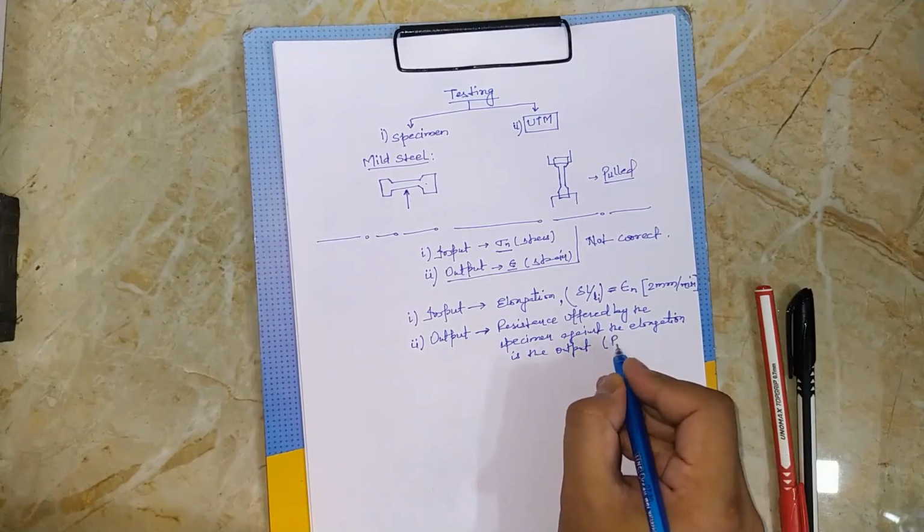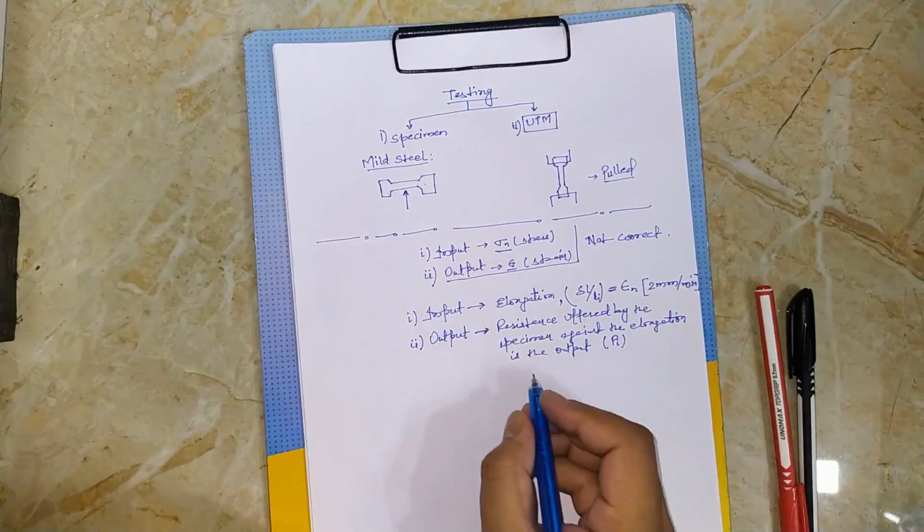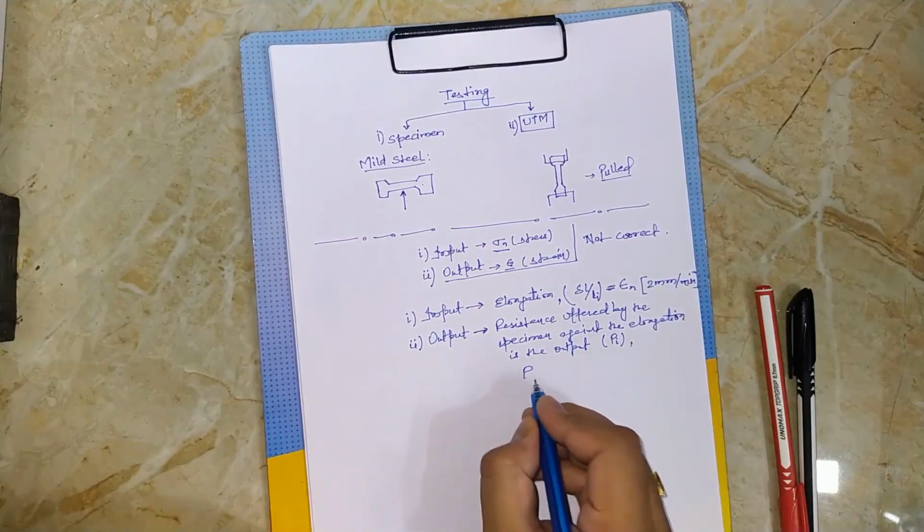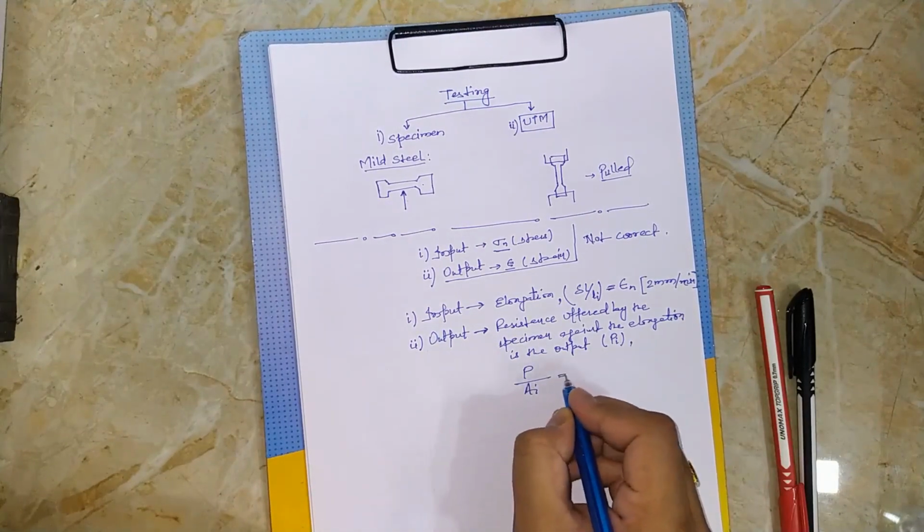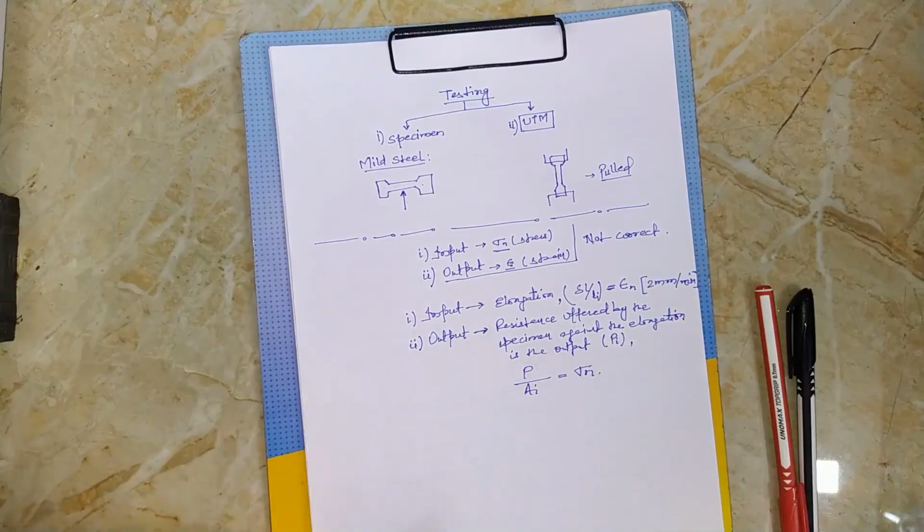So in terms of load, say P, if we divide this P by the initial area of cross section, we get sigma n.